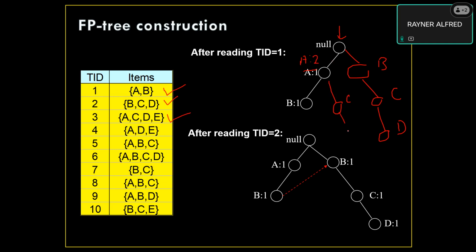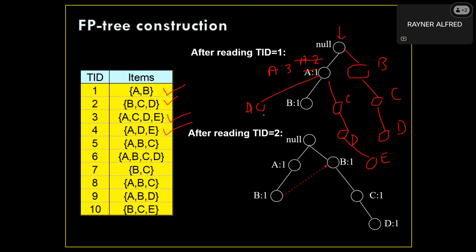And then we have D, and then we have E. And then we go to A, D, E. So we update this one to become 3. And we have D, and then E. And then A, B, C, so A becomes 4, and then B and so on.